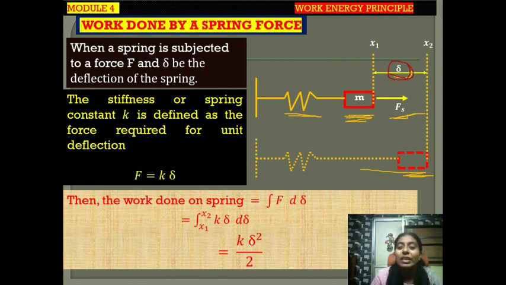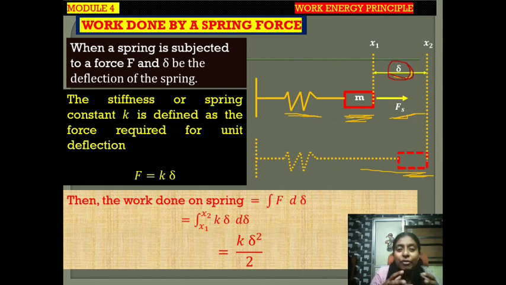The property of the spring is defined by a term called stiffness. You would have heard about stiffness and flexibility. Flexibility is the inverse of stiffness, and stiffness is the inverse of flexibility.